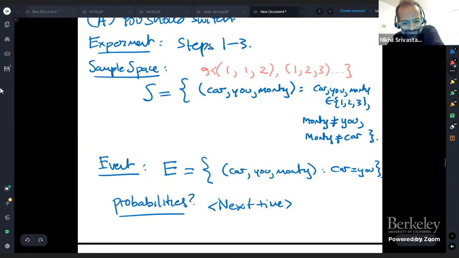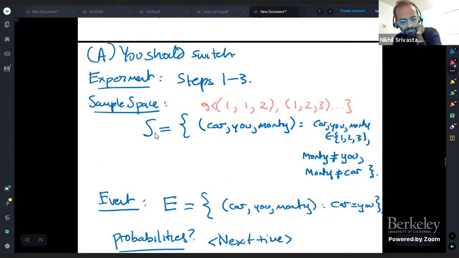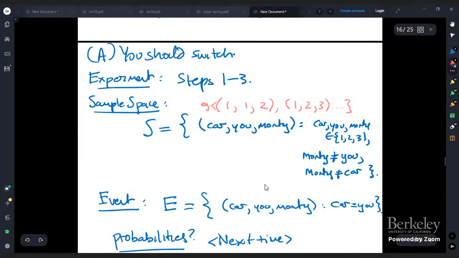So let's see. Have I already messed this up? Yeah, no. I think the probability is going to be 1/3. You're right, because the sample space is that you have three different outcomes, 1, 2, or 3, and you can only pick one, so it's just 1/3.